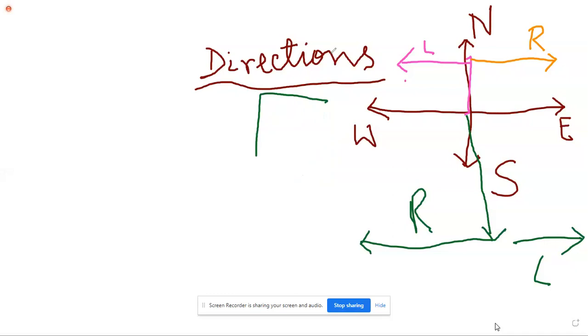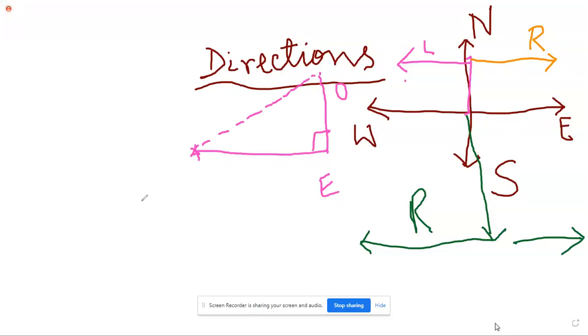In case of triangle, we use Pythagoras theorem. Suppose I say that from the point of origin, Rahul moves 80 meters towards east, and then he takes a left and walks 60 meters. So what is the distance from the final point to the original point? Now this is 90 degrees, so hypotenuse square will become equal to base square plus perpendicular square.